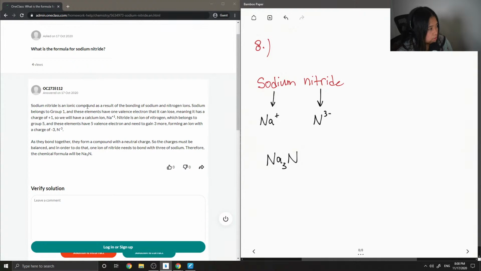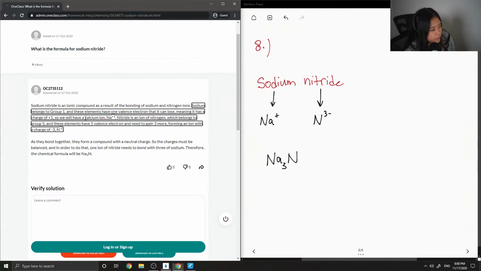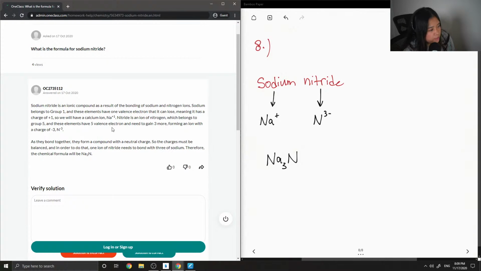Okay, so let's see what the junior tutor said. Sodium nitride is an ionic compound as a result of the bonding of sodium and nitrogen ions. Sodium belongs to group 1, and these elements have 1 valence electron that it can lose, meaning it has a charge of +1. So we will have, I'm guessing they mean sodium ion, Na+.